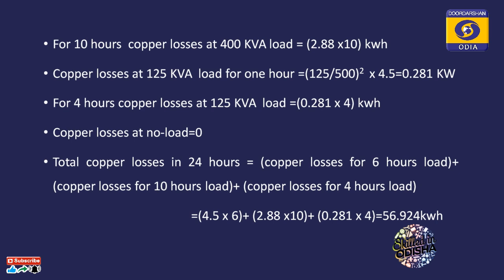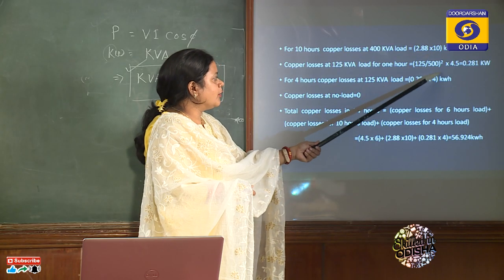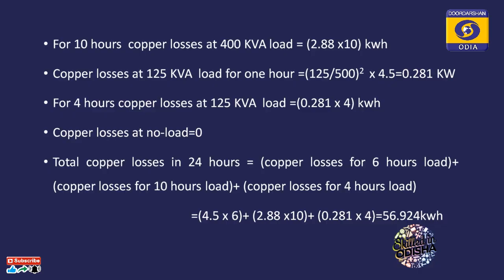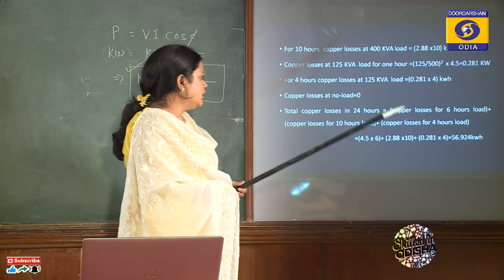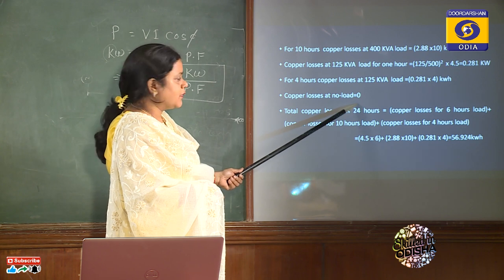So for 4 hours the copper losses at 125 kVA load is 0.281 into 4 kilowatt hour. Now the last load is no load. At no load the copper loss is 0 because the current is 0.